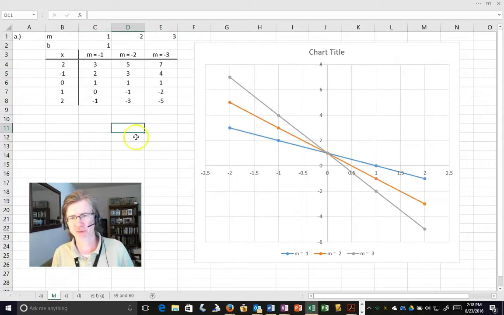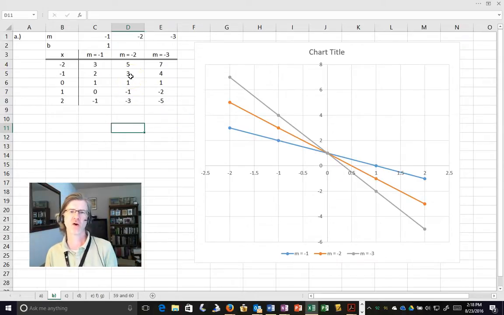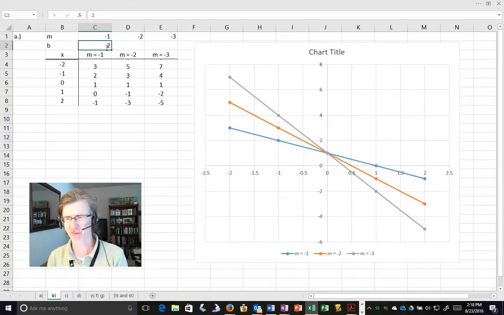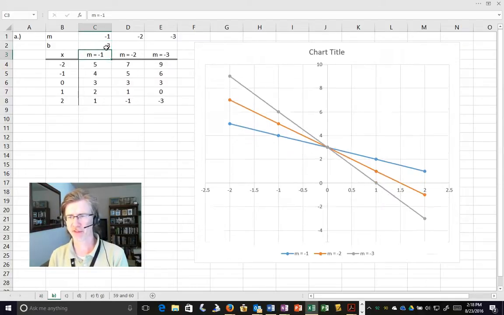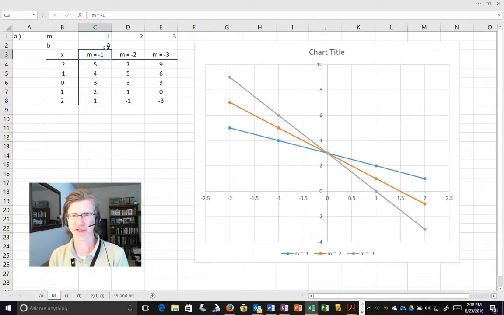Now for question B, these are all negative slopes. These all have the same y-intercept of 1, but I can change that here, change my y-intercept to 2. They go through the point at 2, change it to 3, and so on.